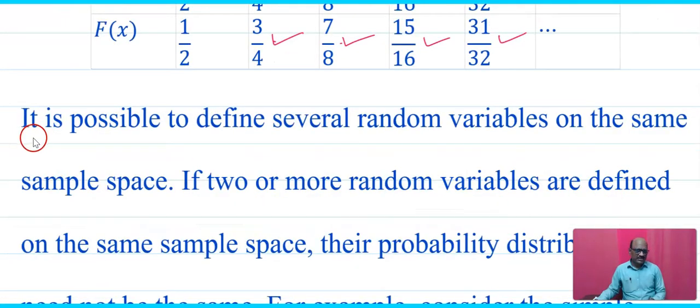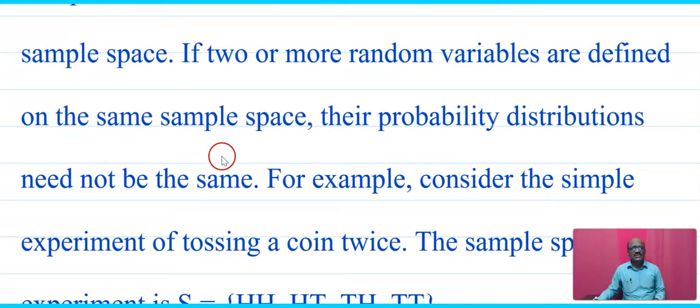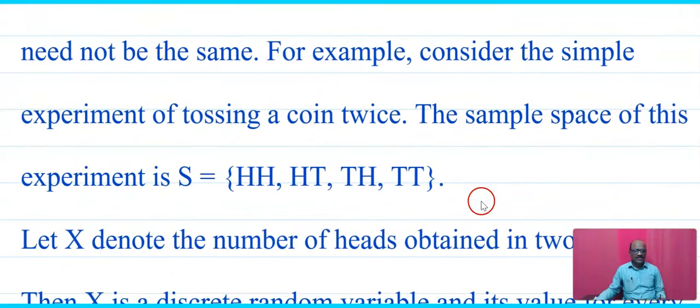Also, next, see this. It is possible to define several types of random variables on the same sample space. If two or more random variables are defined on the same sample space, their probability distributions need not be the same. Their probability distributions will be different. For example, consider the experiment of tossing a coin twice.